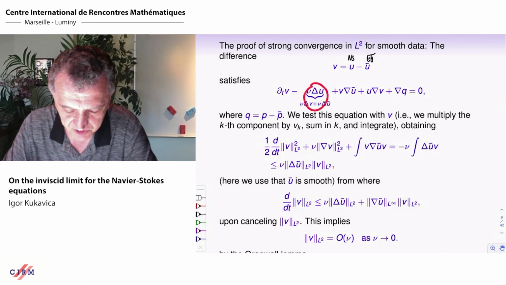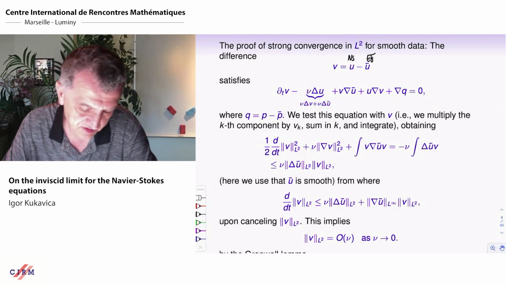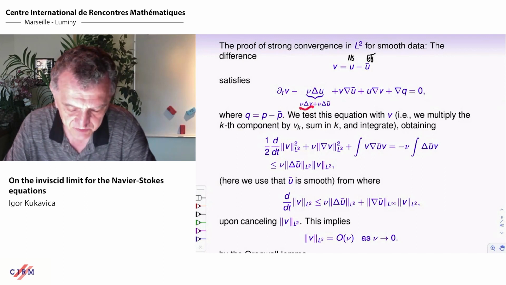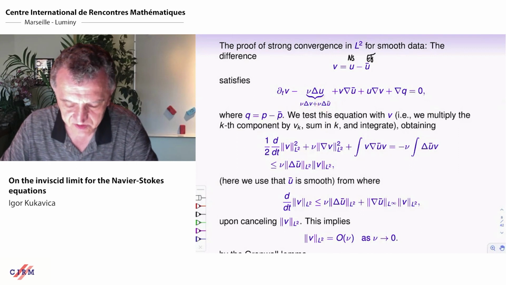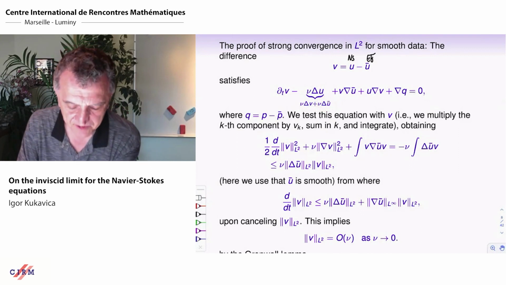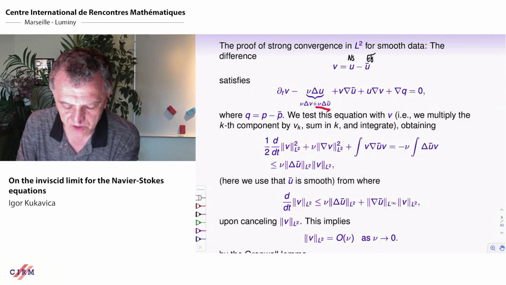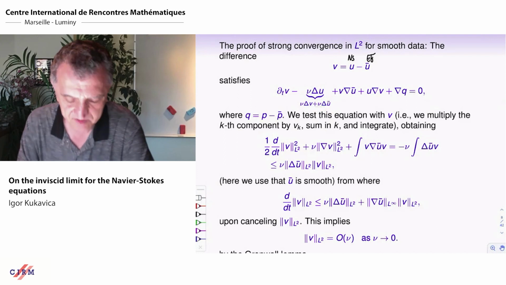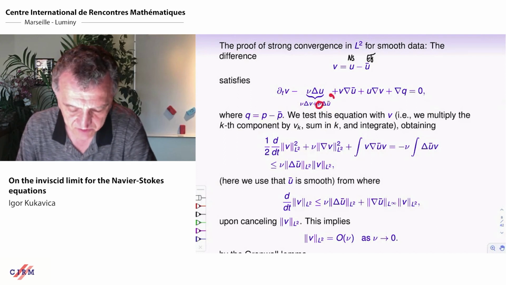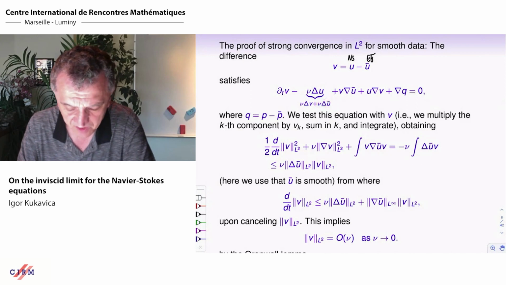And we have here nu Laplacian u, so that's why we add and subtract. So we have nu Laplacian v, and this we can use as an error term. We put it on the right side. We know that the Euler solution is smooth, so this term actually is nice. It has a small parameter in front. This is a smooth quantity.